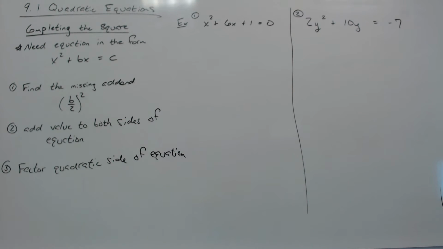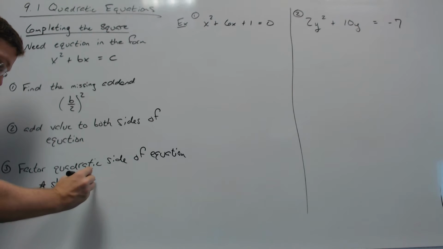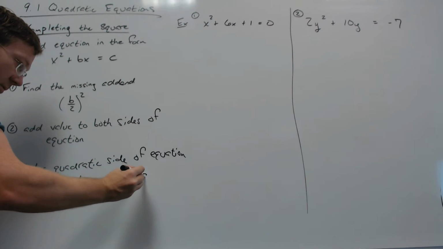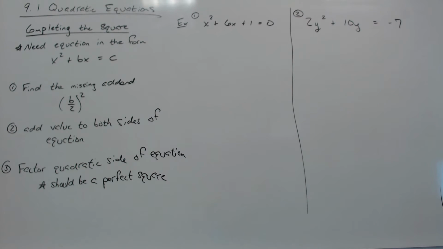And once you have that factored, it will be a perfect square trinomial once you add this missing piece in.